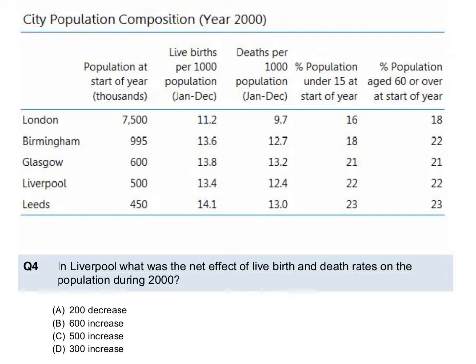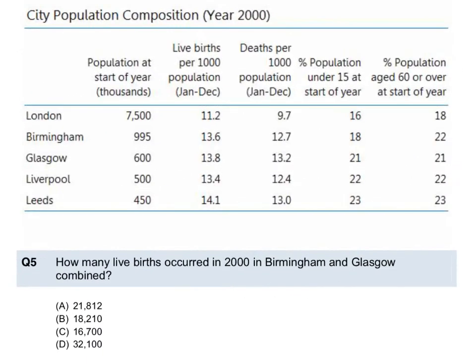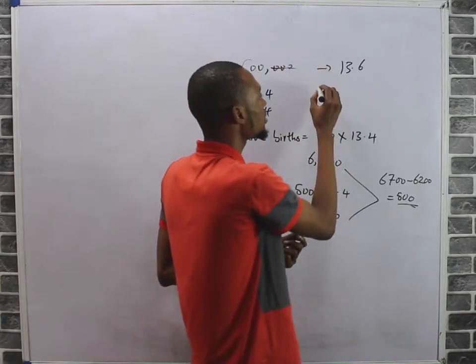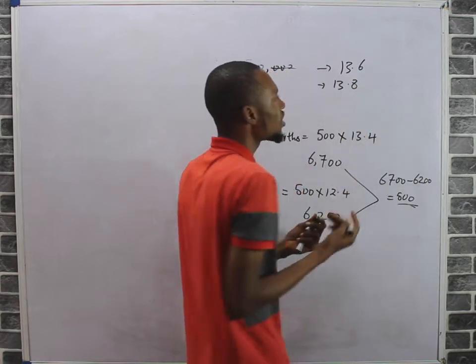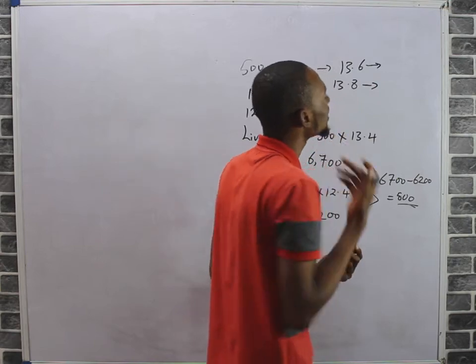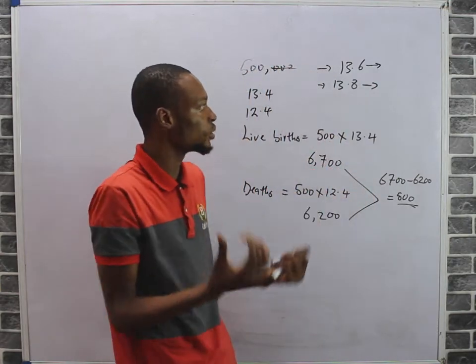Now, question 5. It says, how many live births occurred in Birmingham and Glasgow combined? In Birmingham, the live birth is 13.6 per 1,000, and in Glasgow, it is 13.8 per 1,000. Now, how many population do we have in Birmingham and how many do we have in Glasgow?